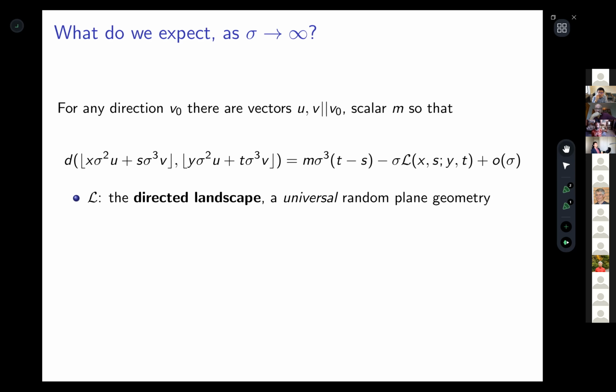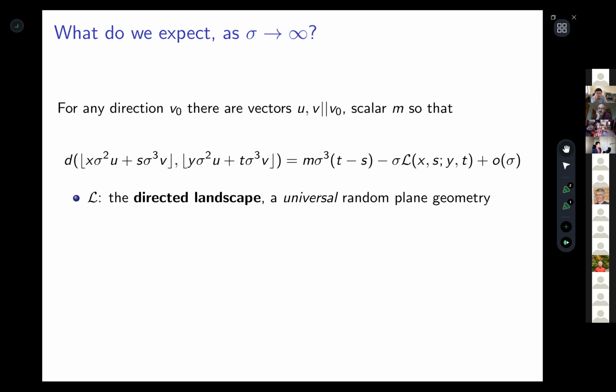So there's that mean term, and then there is a fluctuation term. This fluctuation term depends on all these parameters: x, s, y, and t. Its order is sigma, which comes from the standard deviation we discussed before. And then there is a smaller order term. So that's the conjecture, the precise conjecture, say, about first passage percolation.